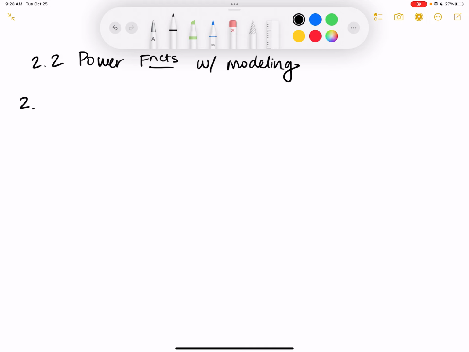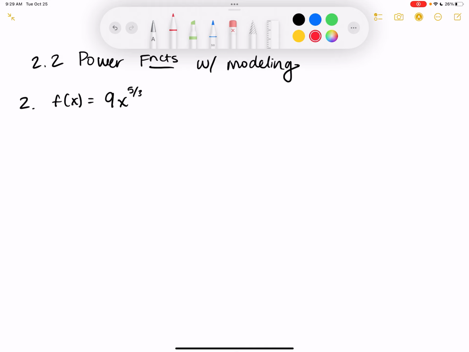Number 2. F of x equals 9x to the 5/3. Is this a power function? It is a power function.